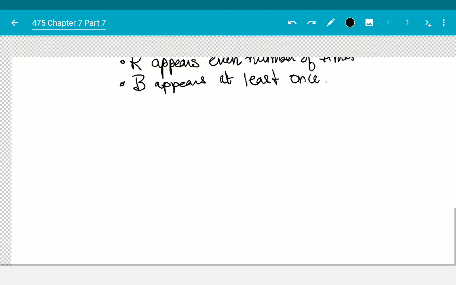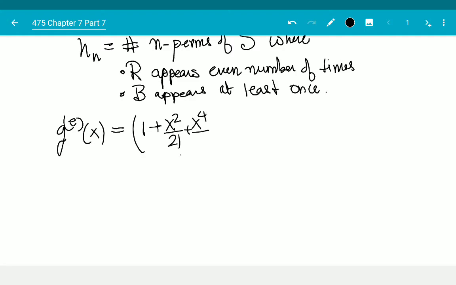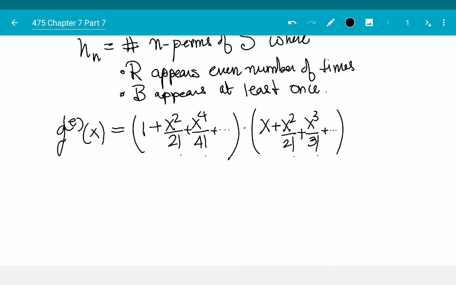Then, similar to my previous examples, I know that my exponential generating function is going to be, for red, since it appears an even number of times, 1 plus x squared over 2 factorial plus x to the 4 over 4 factorial plus dot dot dot, multiplied by, for blue, since blue has to appear at least once, x plus x squared over 2 factorial plus x cubed over 3 factorial plus dot dot dot, and white has no conditions, so it is my standard 1 plus x plus x squared over 2 factorial plus dot dot dot.